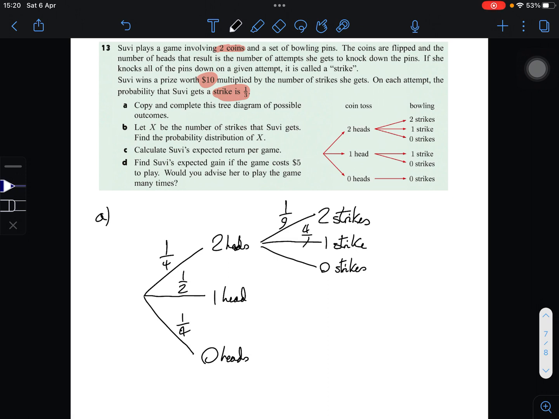And the probability that she doesn't get any strikes would be 2 over 3 times 2 over 3, so that's 4 over 9 as well. Great, I kind of get this. And then probability of a head, and then 1 strike.